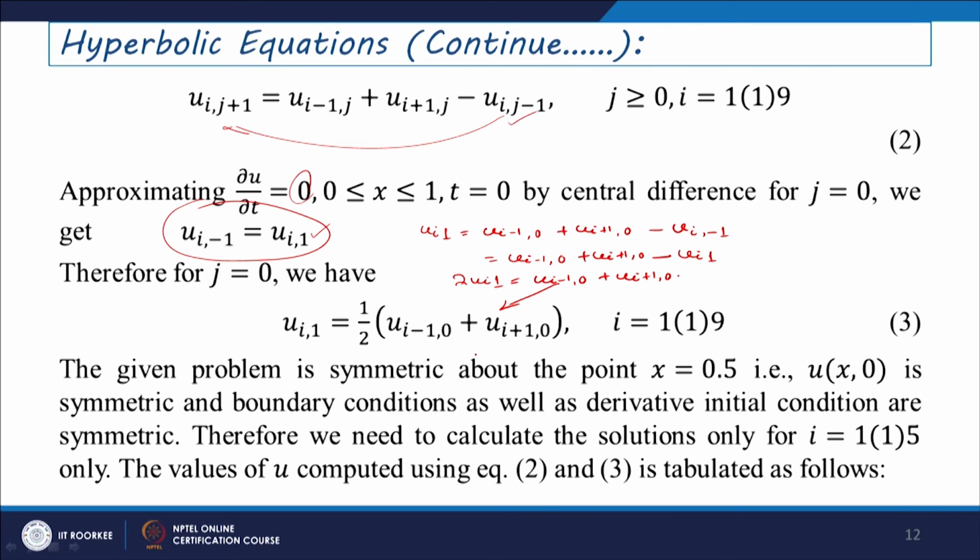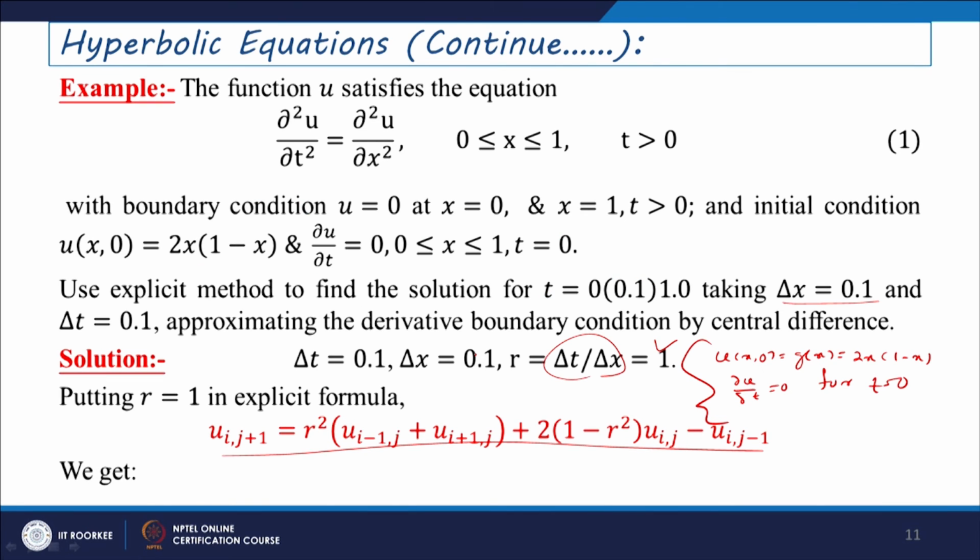And if you just see, the given problem is symmetric about the point x equals to 0.5, that is, u of x 0 is symmetric, and the boundary conditions as well as the derivative initial conditions are symmetric. Since this is 2x into 1 minus x, if you put x equals to half here, automatically you will have the same condition as we get at 0 and 1, and if you consider 0.25, then we get the same at 0.75, since at 0.5 it remains the same there itself.